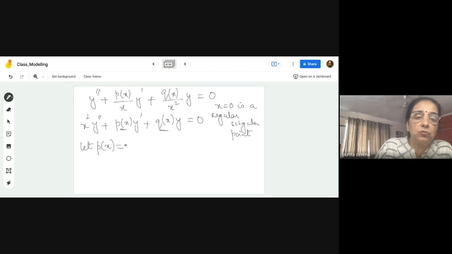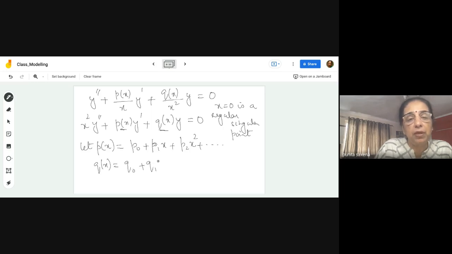I'll assume that let my P(x) be p naught plus p1x plus p2x squared and so on and so forth, and let my Q(x) be q naught plus q1x plus q2x squared and so on and so forth. Why? Because both P and Q are analytic at x equal to 0.